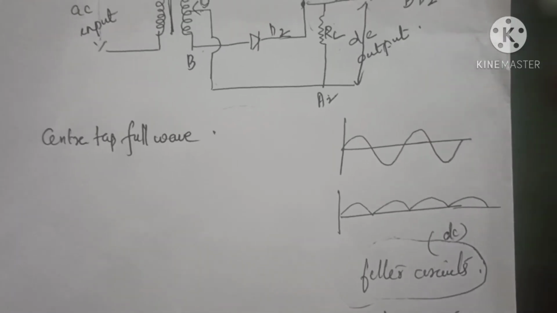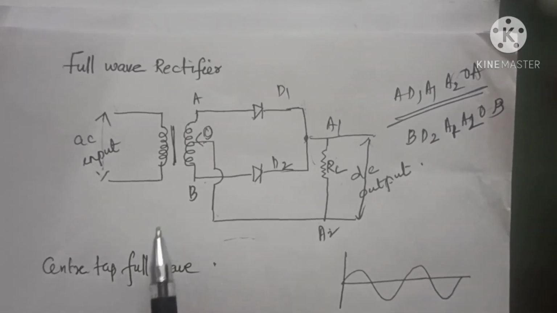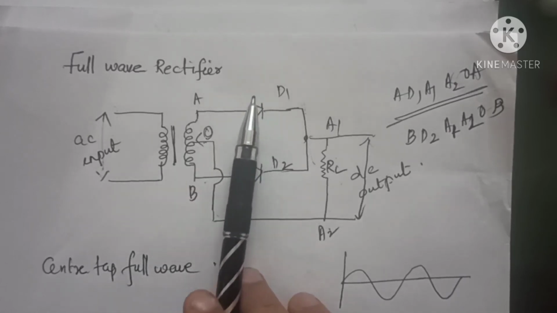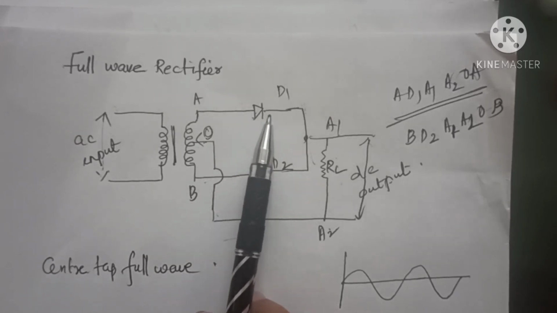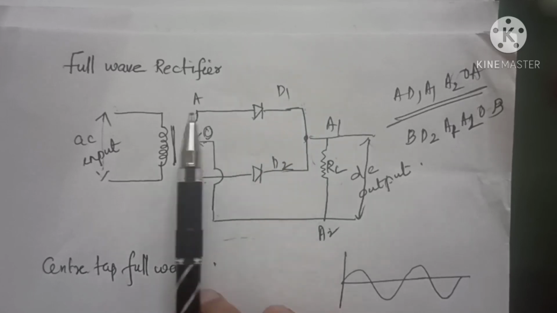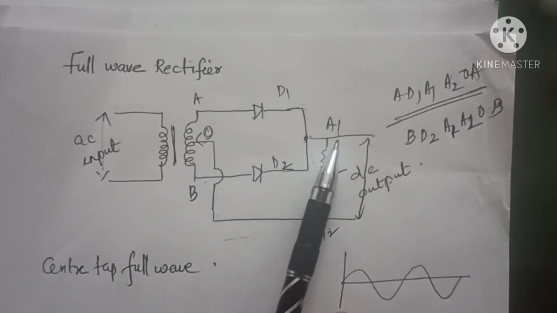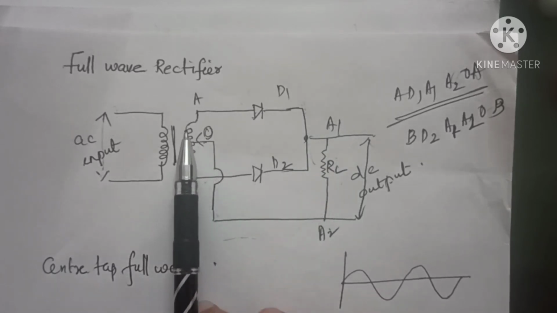So a full wave rectifier consists of two diodes, in which when the AC cycle enters, first D1 will be forward biased and D2 will be reverse biased. At that time conduction is possible. So the current flows like this: A, D1, then A1, then A2 and OA.